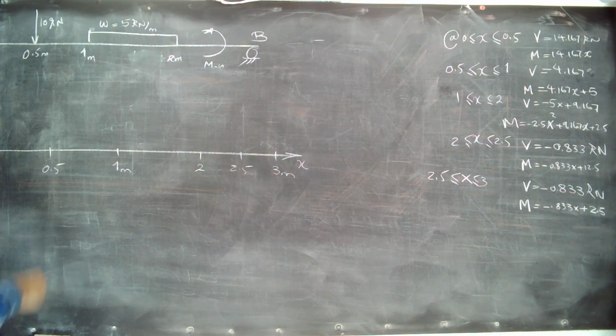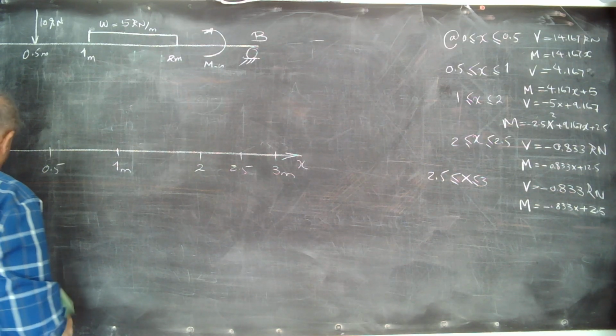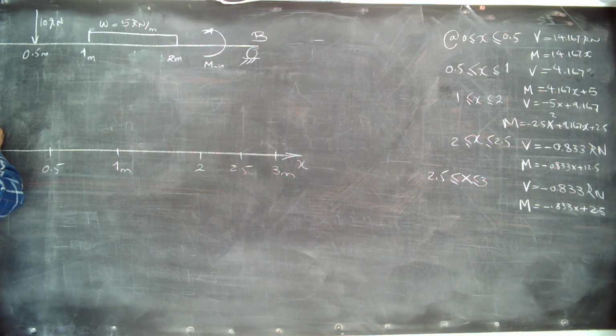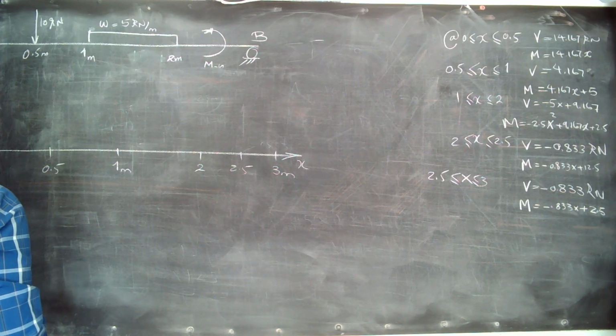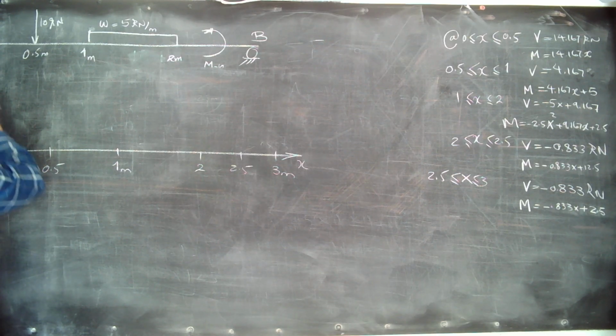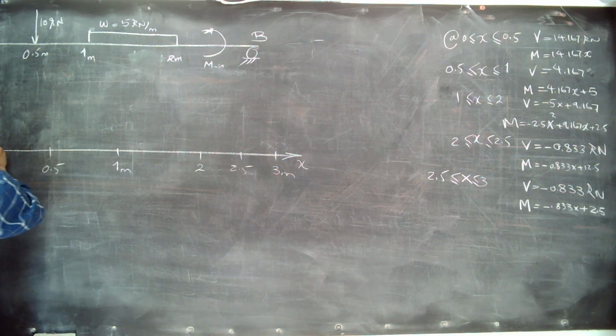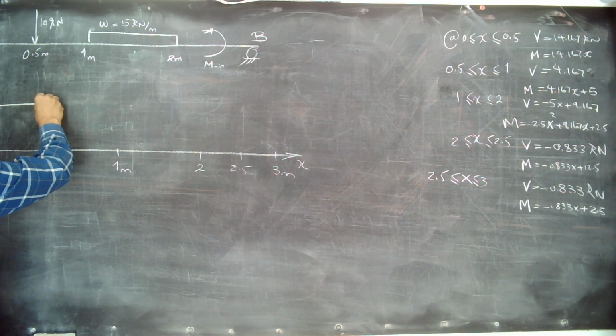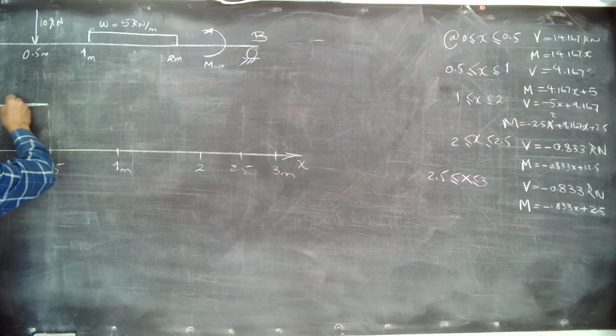The equation is 14.167. 2, 4, 6, 7. It goes very high. Let's go 4, 8, 12, 14, better, or 16. This is the origin. 14 here, 14.167, close to here, till 1.